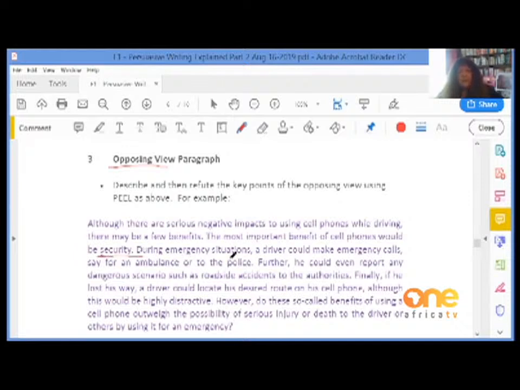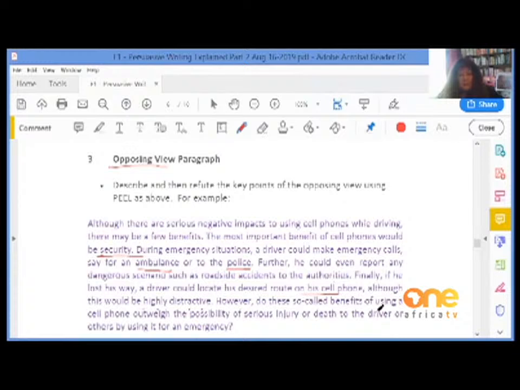During emergency situations, a driver could make emergency calls for an ambulance or to the police. Further, he could report any dangerous scenario, such as roadside accidents, to the authorities. Finally, if he lost his way, a driver could locate his desired route on his cell phone, although that would also be highly distractive. Using a GPS, in other words, it's a distraction.